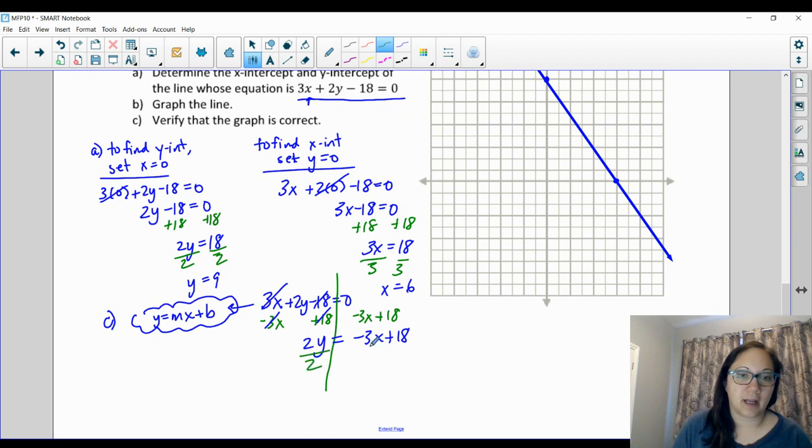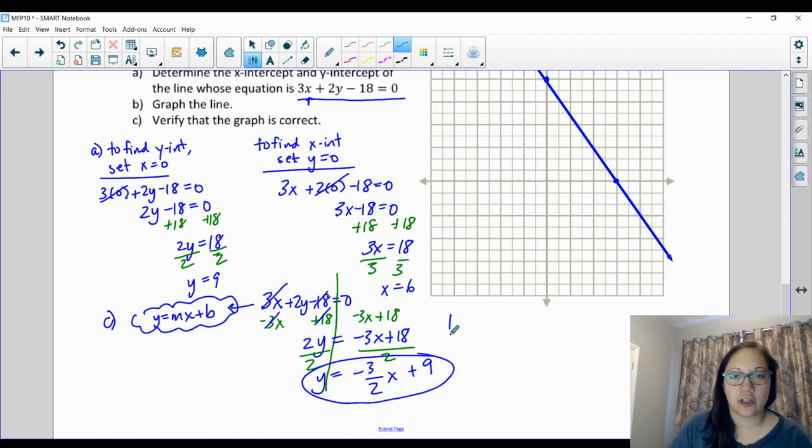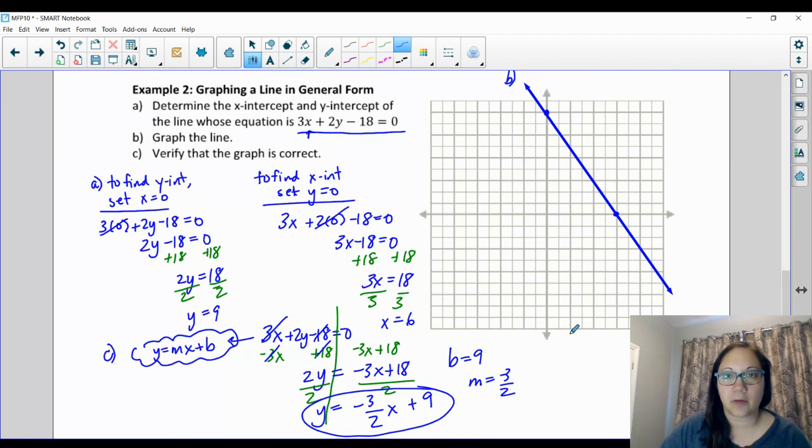Now I'm going to divide each side by 2. Here's where you have to be careful: you're dividing both terms on the right by 2. So we get negative 3 over 2 x plus 9, because 18 divided by 2 is 9. So here's my new equation. It's telling me that the y-intercept is 9 and that the slope is negative 3 over 2. So let's check both of those pieces of information. Back to our graph: is my y-intercept 9?